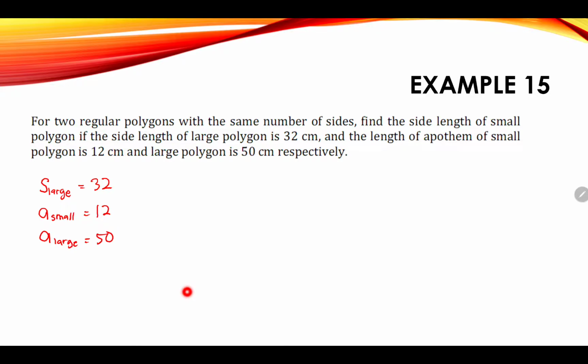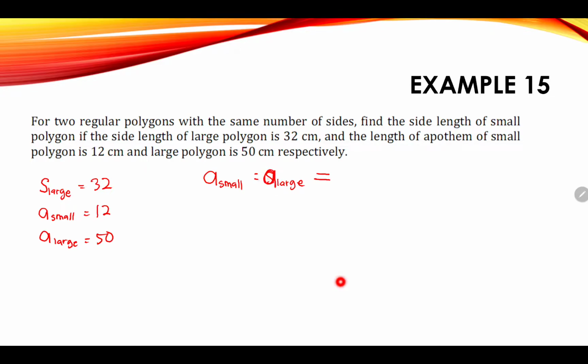Okay, so kita tahu the corresponding segment of polygon A is proportional with the corresponding segment of the second polygon. So kita boleh kata macam ni lah. Apotem of the small polygon, okay, ratio dia dengan large, ratio dia equal, ini A lah.